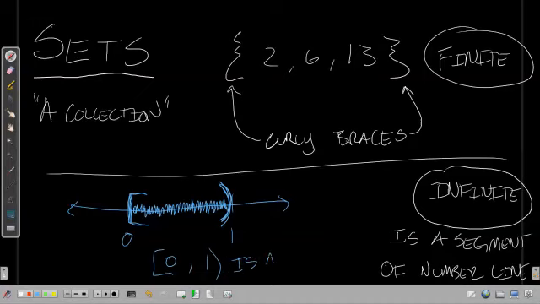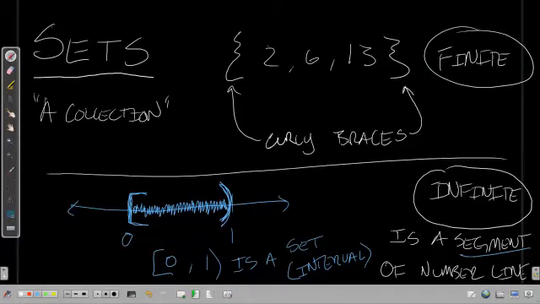This is a set. It's more common to call it an interval, but it is a set. It's a segment of the number line.